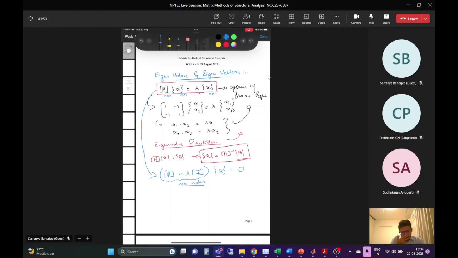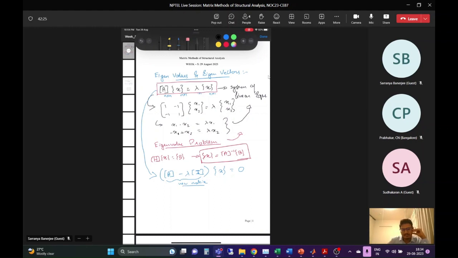Now, can you quickly give me a solution of this system of linear equations? This is a product of two things equal to 0. What would be the solution?